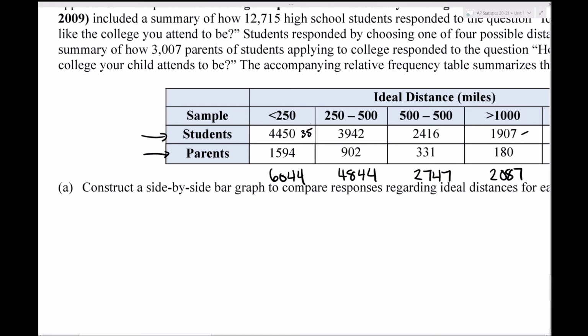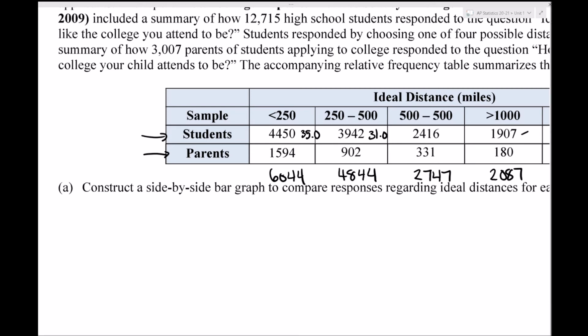So I'm going to write those in percentages. 35.0, that looks like an 8. 3942 divided into 12715. So that's 31.0%. 2416 divided by 12715.